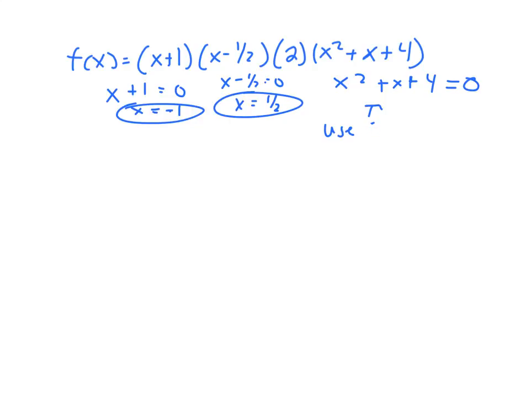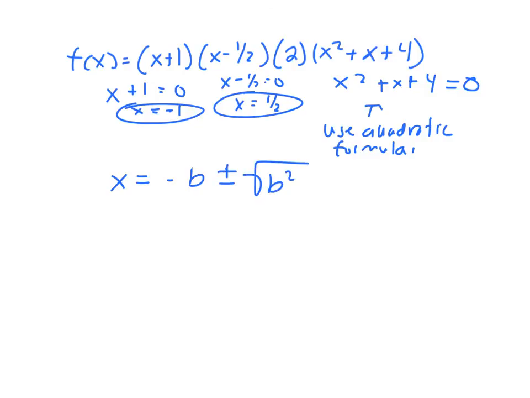Okay, so what is the quadratic formula? x equals minus b plus or minus the square root of b squared minus 4ac, divided by 2a.